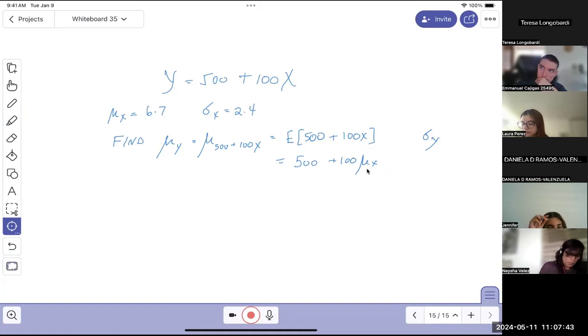So all I do with this E, they refer to it like an operator, right? The expected value. The shift of the extra $500 is there, and the multiple of 100 gets multiplied to the mean. So if I multiply by 100 and add 500 to the years of employment, I'm also doing it to the mean. So that's pretty easy. I just plug that in.